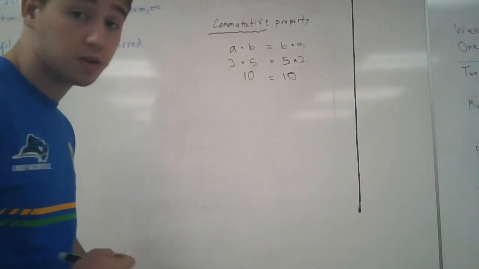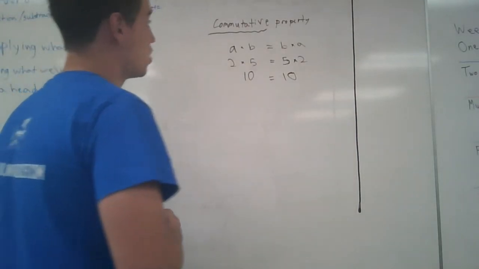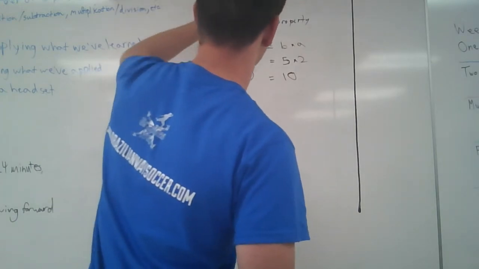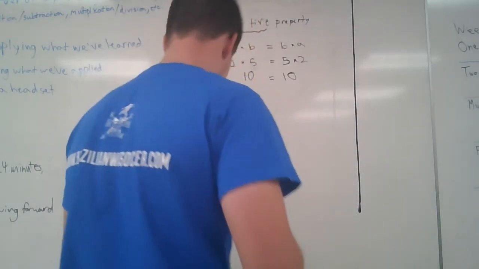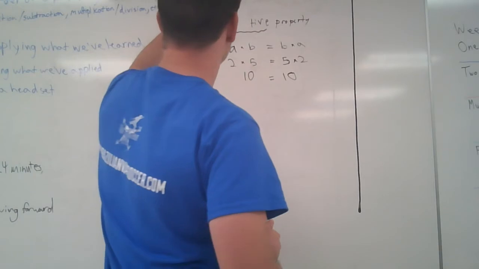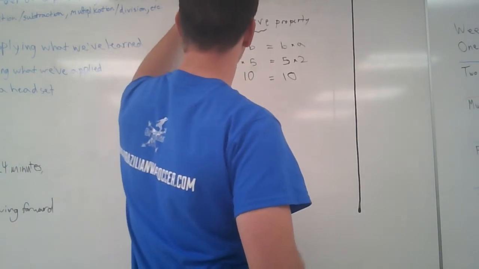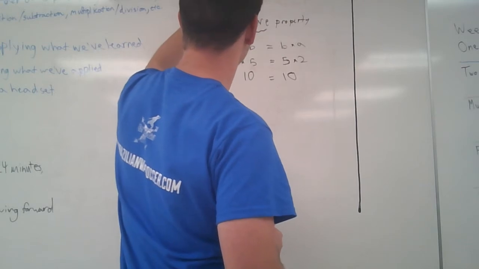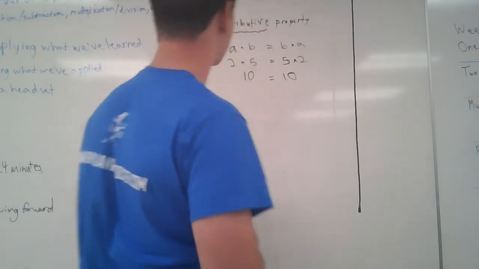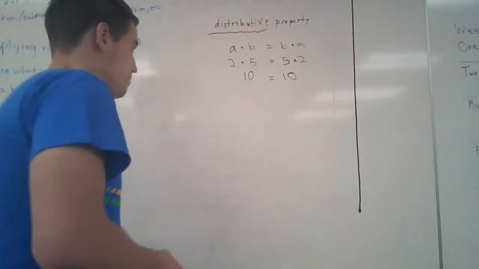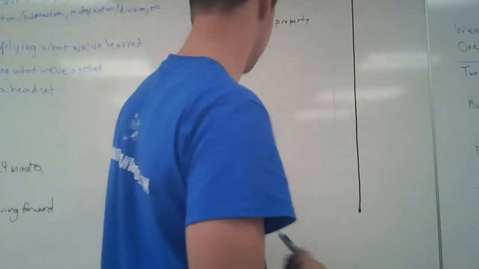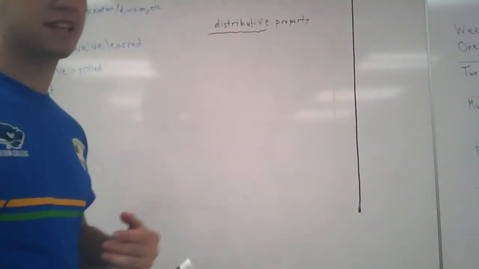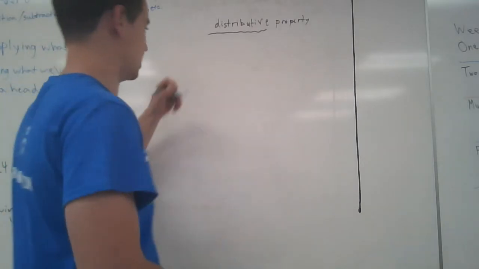Now, we're going to go to the third property, which is the most complicated, but it's not too bad. This is called the distributive property. That means that multiplication distributes over addition.